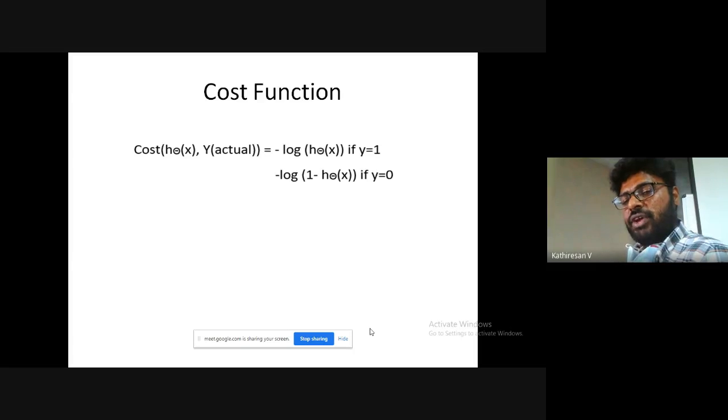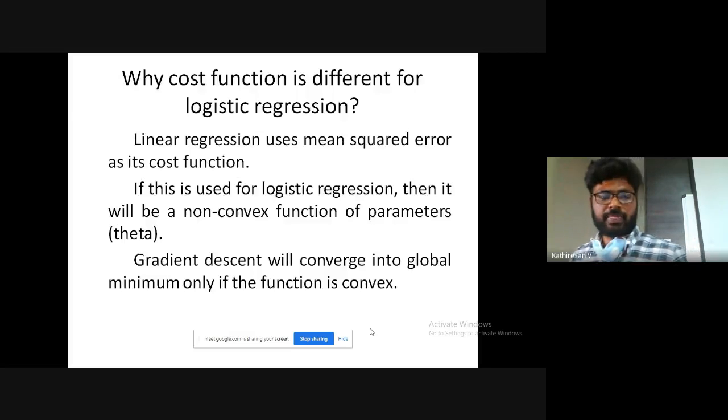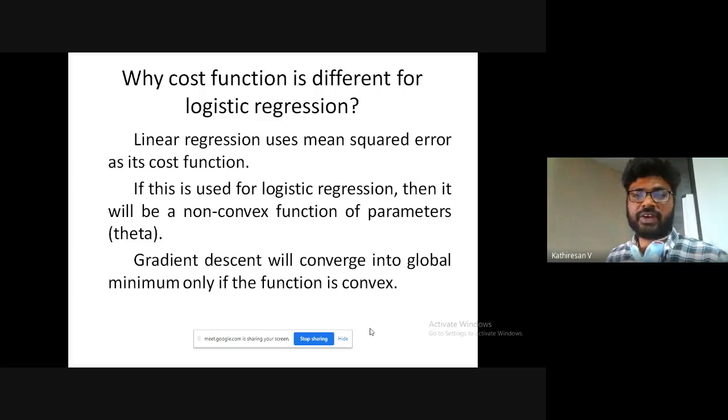If y equal to 1, it is minus log of sigmoid of x. Minus log of 1 minus sigmoid of x if y equal to 0. Here I will say I have the answer why the cost function is different for logistic regression.